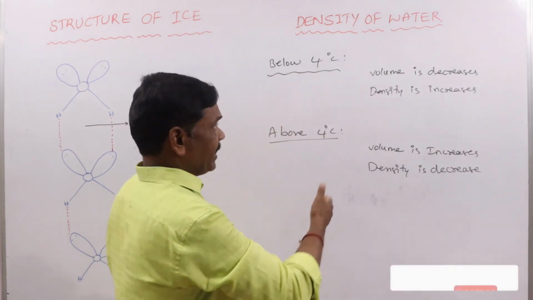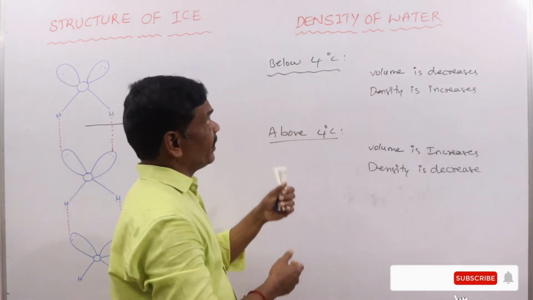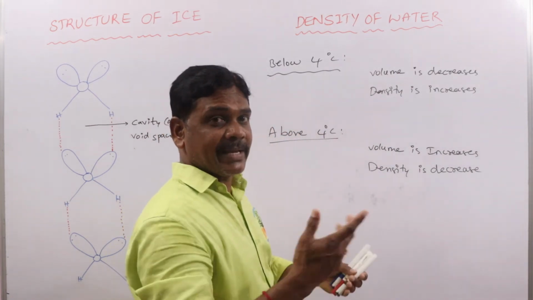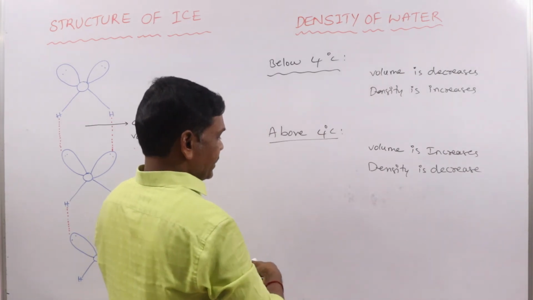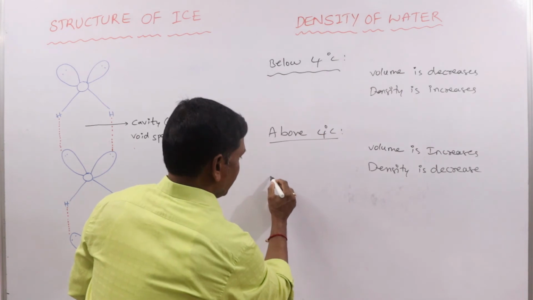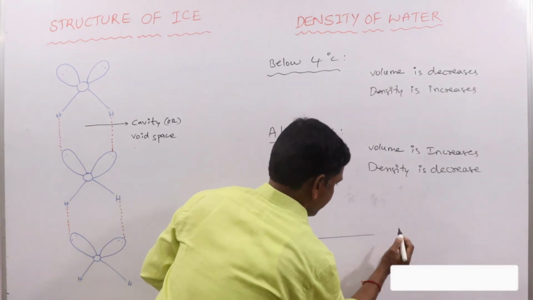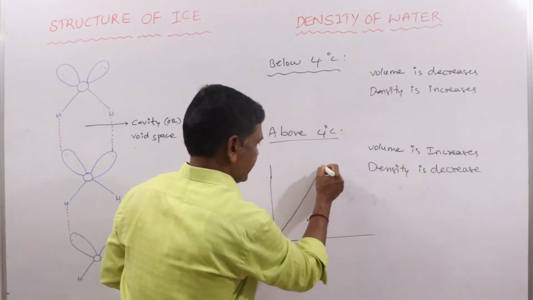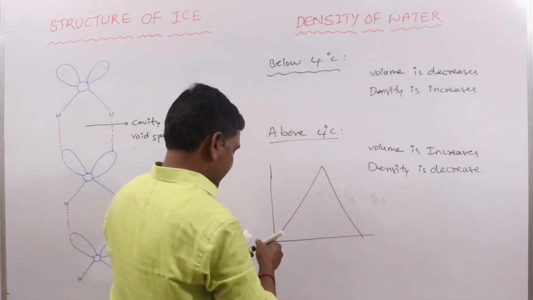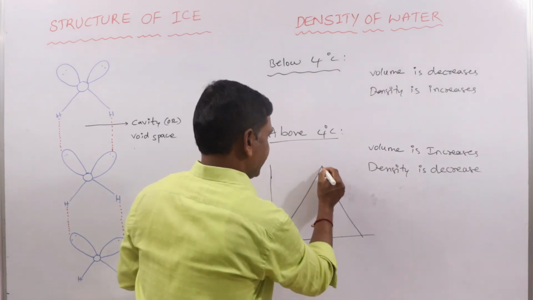Now here is a graphical representation of the density of water. The maximum density of water is at 4 degrees centigrade. In this graph, on this axis we have taken density, and here it is temperature. Here it is the maximum density.